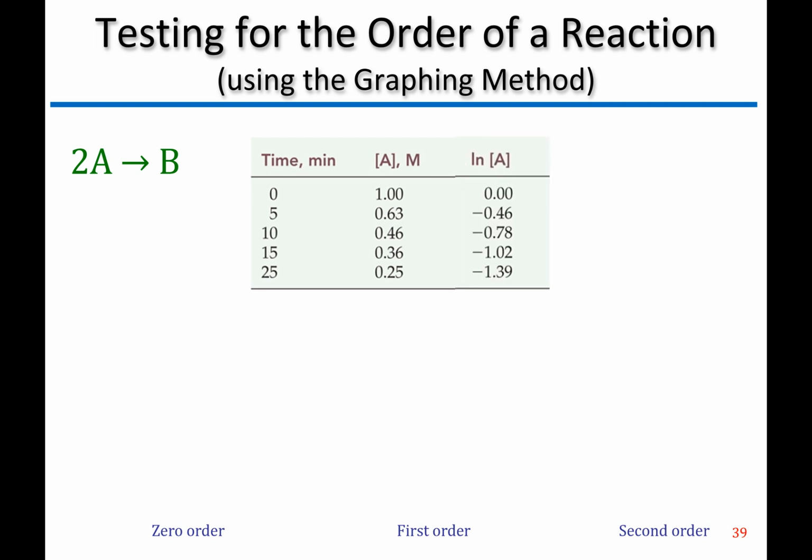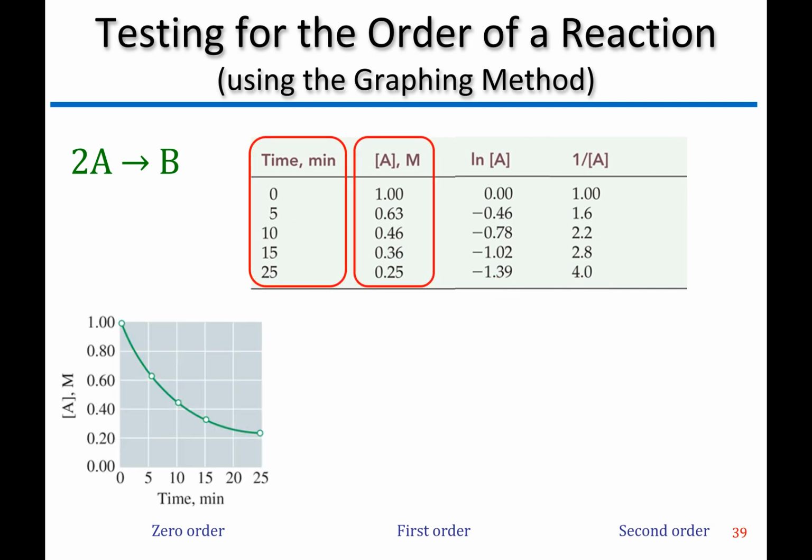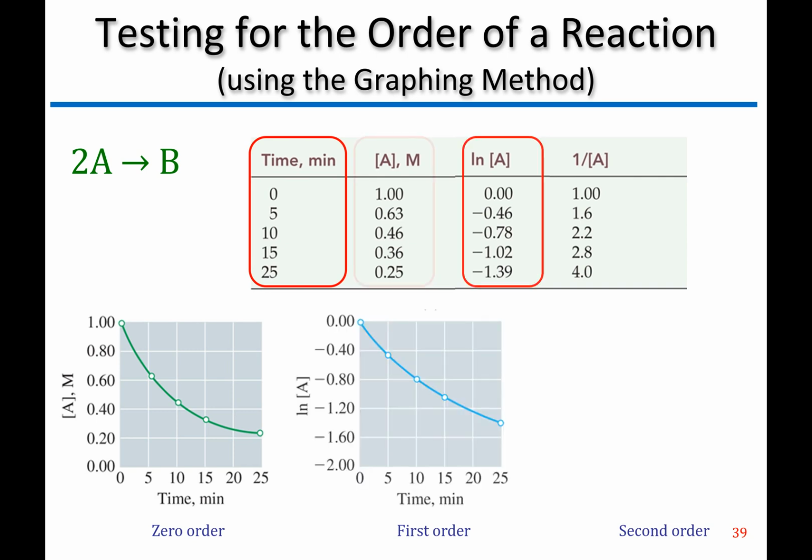And I want to know what is the rate of this reaction. So starting from just concentration and time data, first I'll take the natural log of A, and I'll take 1 over A, because these are the three things I need to make my plots. So I need time, of course, but I also need ln of A and 1 over A. For the first one, I'll plot just the concentration of A versus time, and I'll see what that plot looks like.